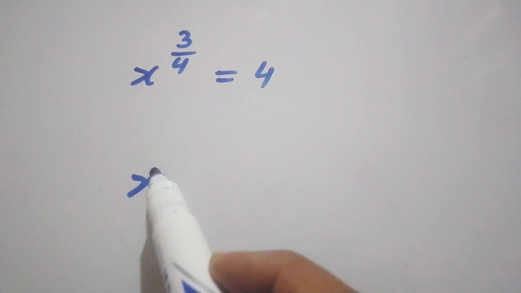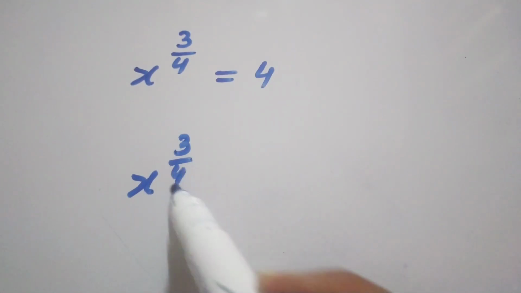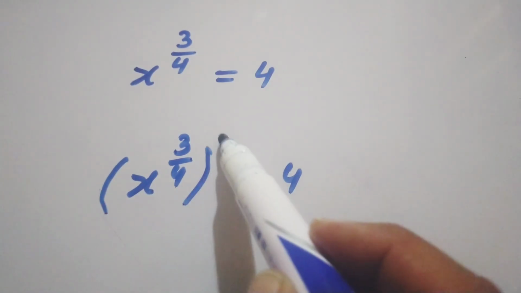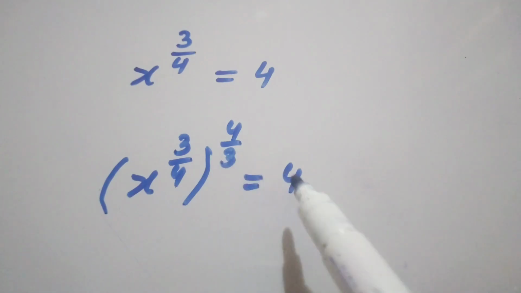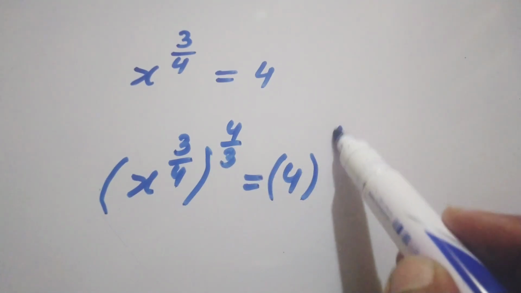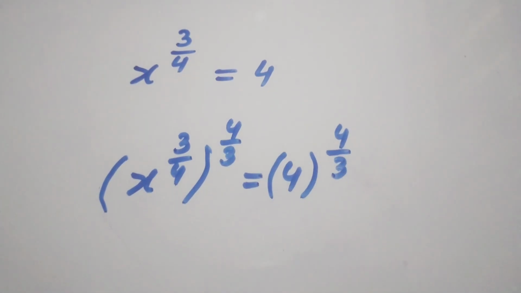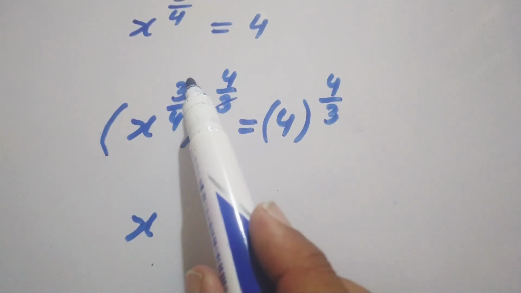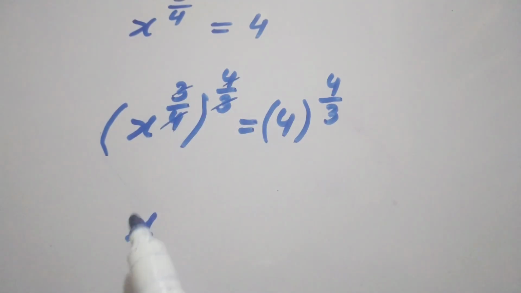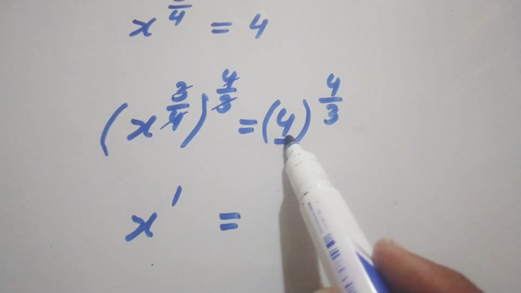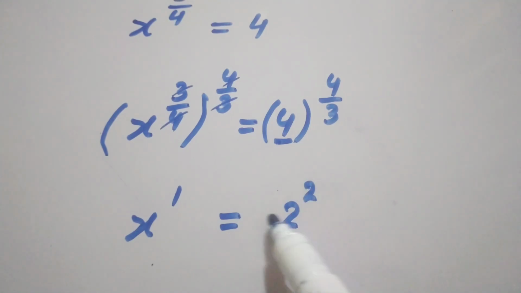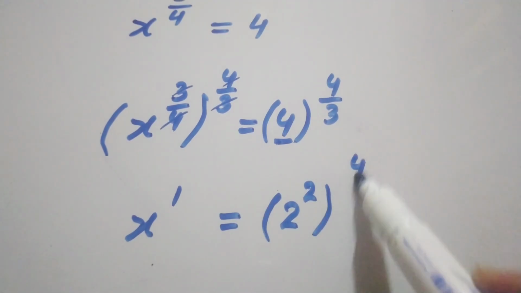Now x power 3 by 4 is equal to 4. Taking 4 by 3 as an exponent on both sides, here the 3 and 3 cancel out, 4 and 4 cancel out each other. Here x power 1 is equal to, we can write this 4 as 2 squared, whole power 4 by 3.